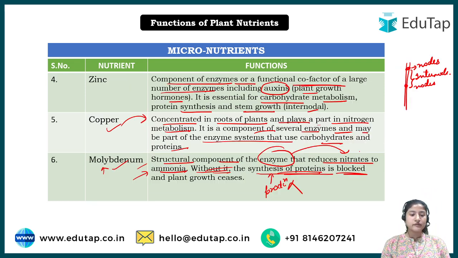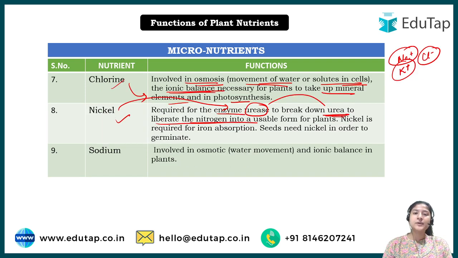Right, initially what did we do? We did molybdenum. In molybdenum, nitrates are converted to ammonia with the help of molybdenum, because it is part of that enzyme, right? But in the case of nickel, it helps to break down urea to what? To liberate nitrogen. I hope you get my point.